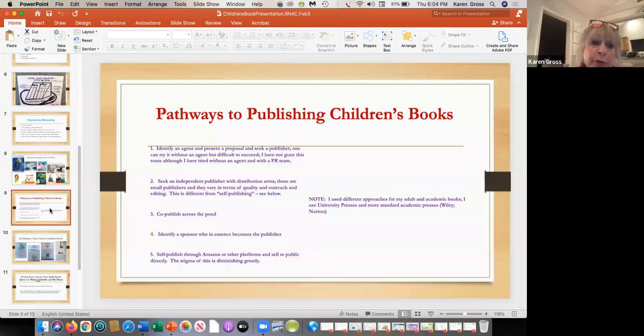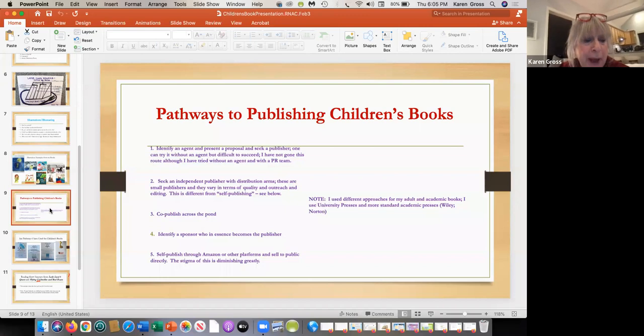Another way is to seek what's known nowadays as an independent publisher who has a distribution arm. These are small publishers. They vary in quality and outreach and editing. This is not the same as self-publishing. Independent publishers do not publish everything that's given to them. And they often provide some of the services that you can't do on your own, like designing or editing or proofreading.